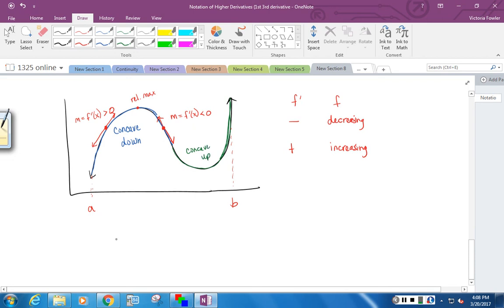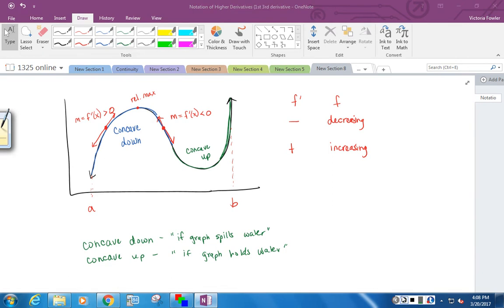Okay? So new terms that we're discussing: concave down means that the function spills water. And it's characterized as concave up if the graph holds water. Okay, so let's think about this portion of the graph that is concave down, or even, well, let's look at the green one where it's concave up.